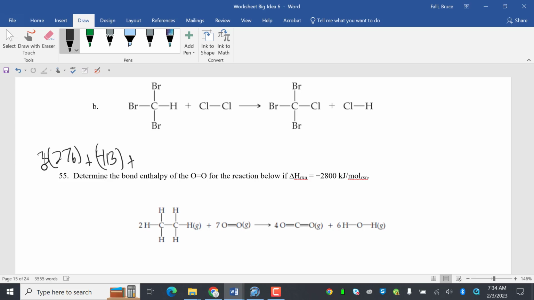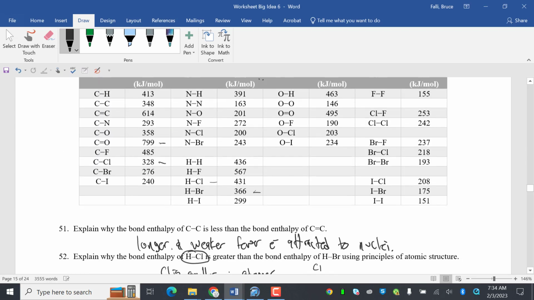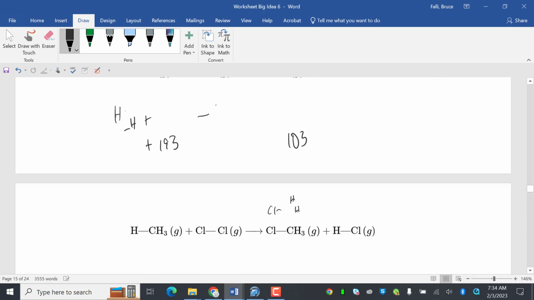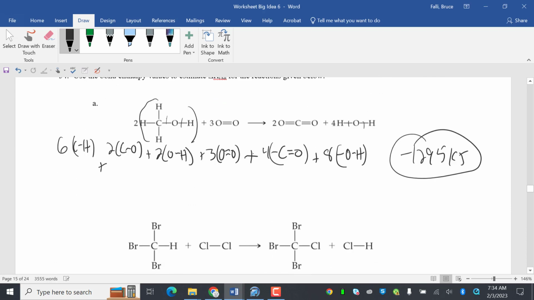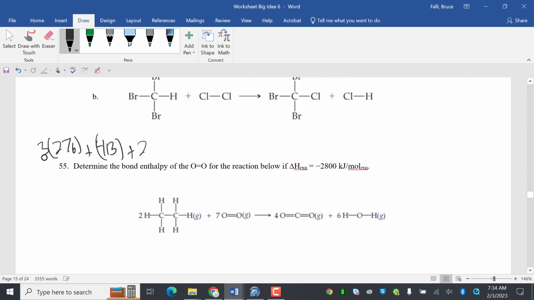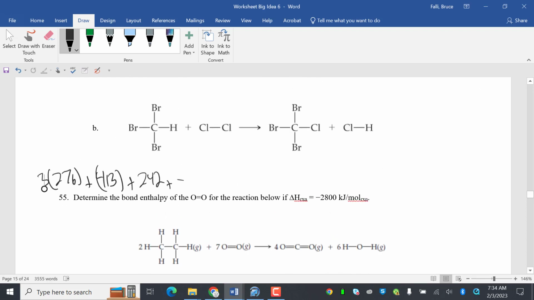Plus, I got Cl to Cl on the right-hand side, 242. Plus, here I'm going to have a negative CBr3. So here's CBr3, still the same.